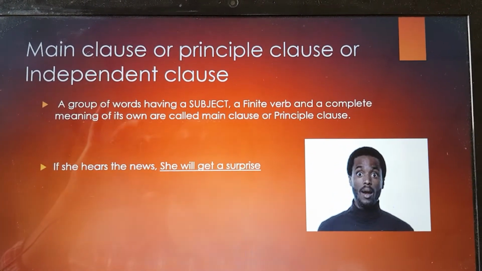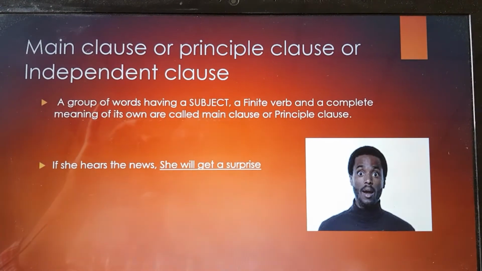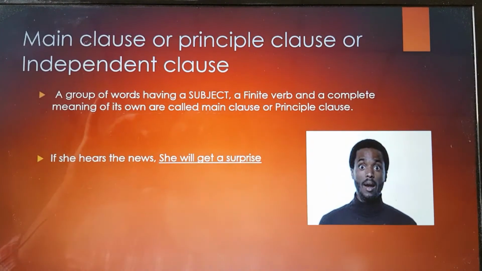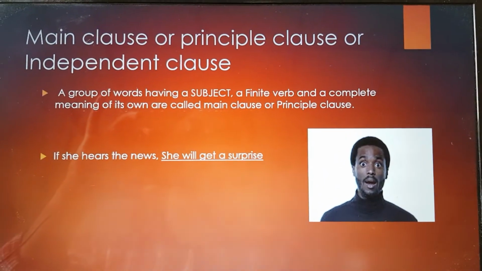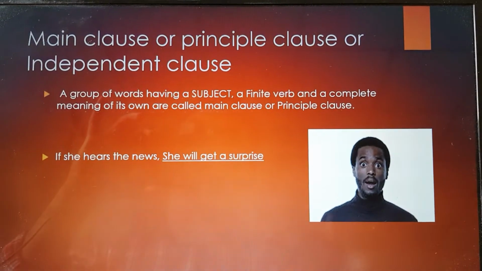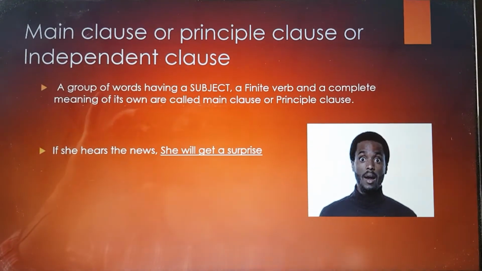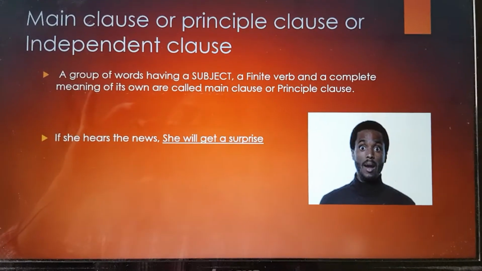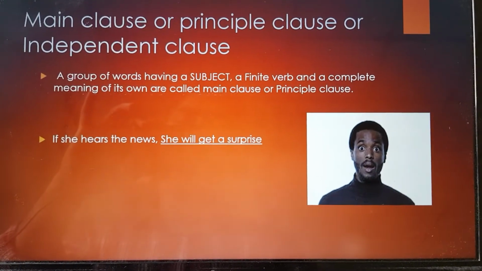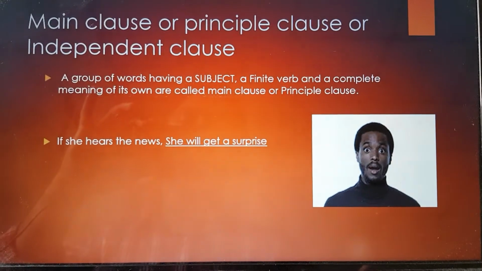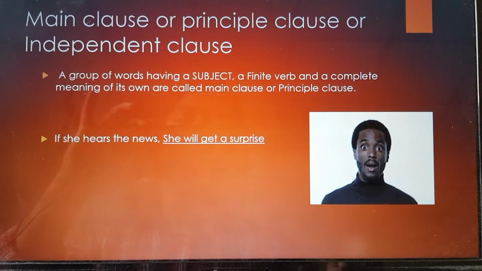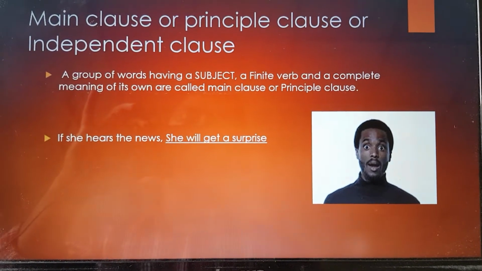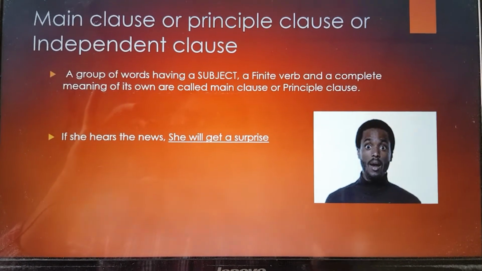A main clause can also be called a principal clause, or an independent clause. Either way, all of them are the same. A group of words having a subject, a finite verb, and a complete meaning of its own is called a main clause or principal clause.